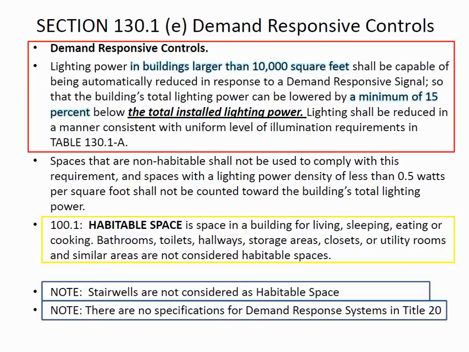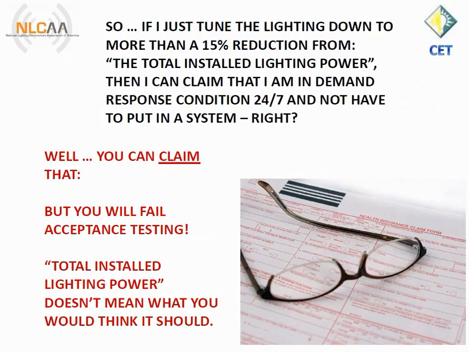But for right now, it says only habitable spaces shall be used to comply with demand response. And corridors aren't habitable spaces, and stairwells aren't habitable spaces. So this definition is changing.